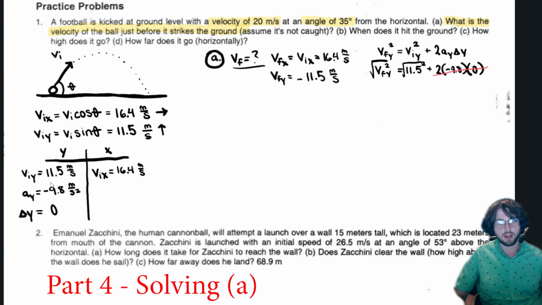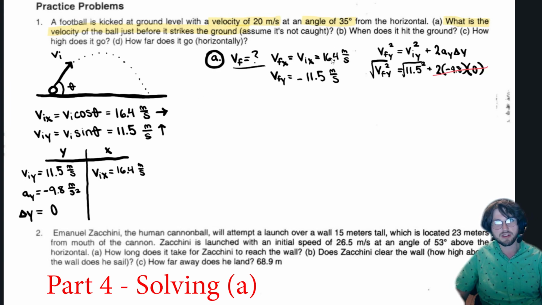Initially we started at 11.5 vertically, and at 16.4 in the horizontal direction. So if you notice, our values for horizontal and vertical are exactly the same in the final case as they were at the start.